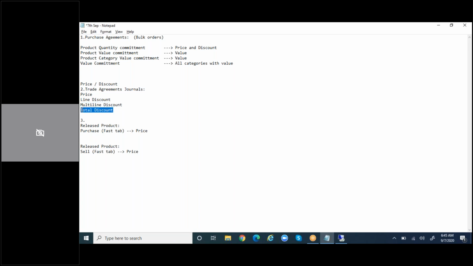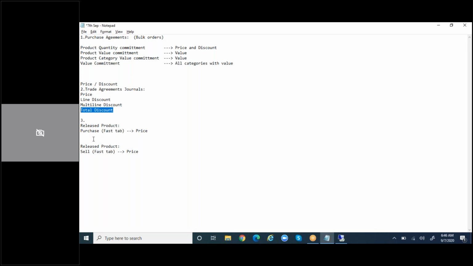Total discount means the total bill amount has reached 5,000 rupees, and you will get some discount. Whether you have purchased 1 item, 10 items, or 100 items, it is irrelevant to me.